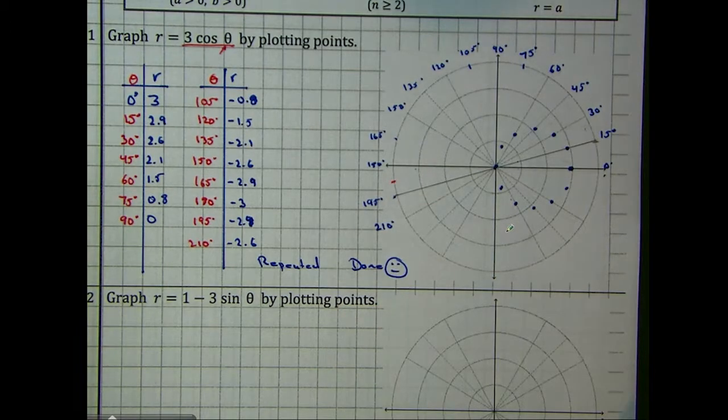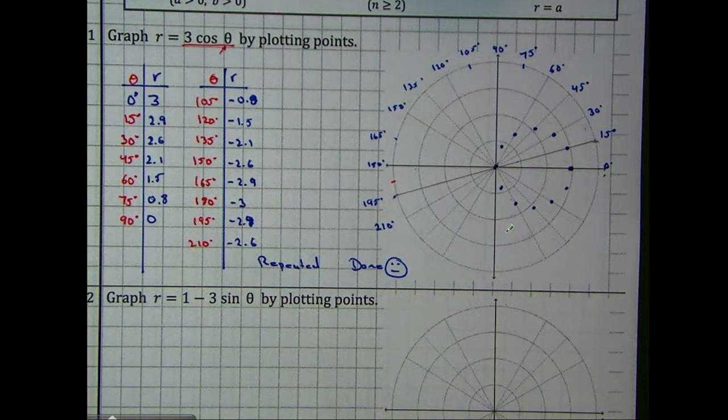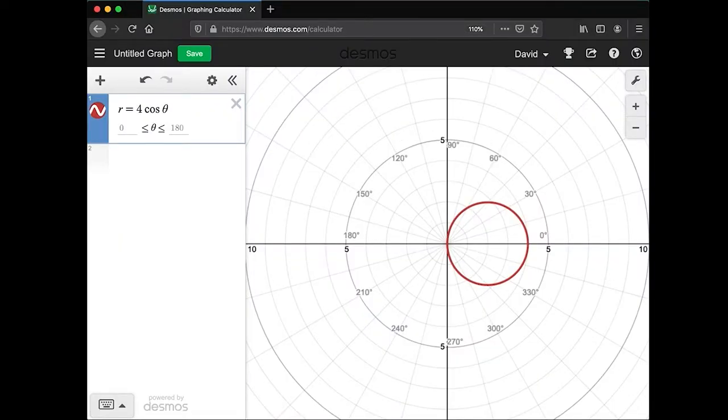Now, one of the things that you have to be careful is you might want to test a few points just to make sure that it's correct. Or after a while, you find patterns. And if we actually graph it on decimals, if we type in 3 cosine of theta, that is your graph. So therefore, your graph starts here.